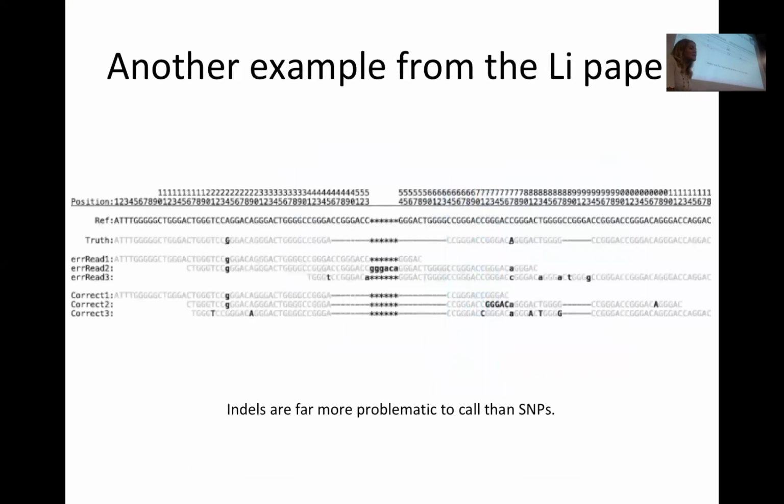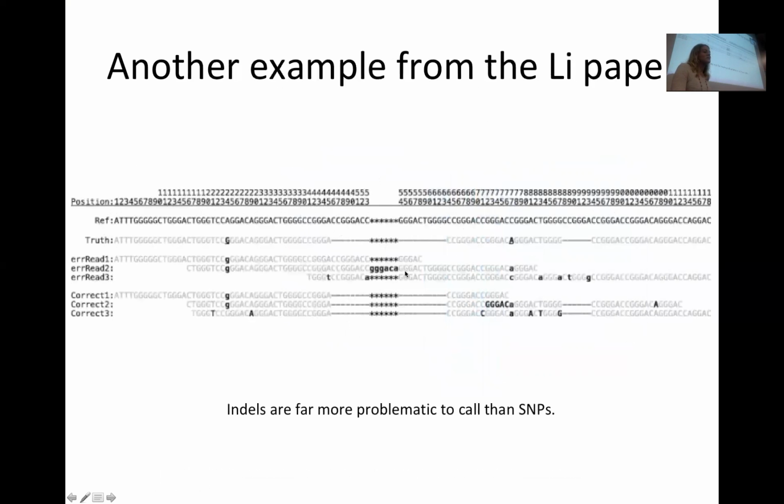This is from Hingley's paper. I'm not going to go through it because I feel like I'd have to stare at it for 10 minutes just to explain it to myself, much less to you guys. But this one is based more on the problem of having small 10 to 15 nucleotide repetitive sequences.